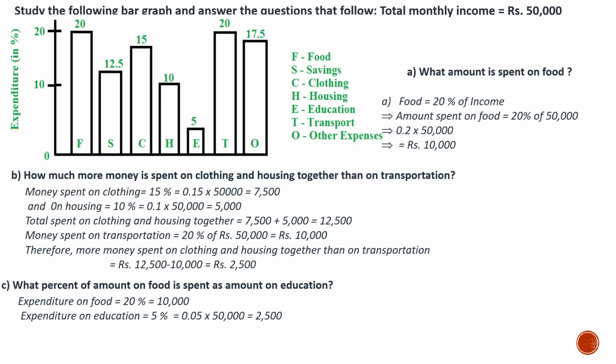So we have to find what is the percentage of 2,500 on 10,000. So 2,500 divided by 10,000 into 100 will be 25%. So that means 25% of amount spent on food is spent on education.